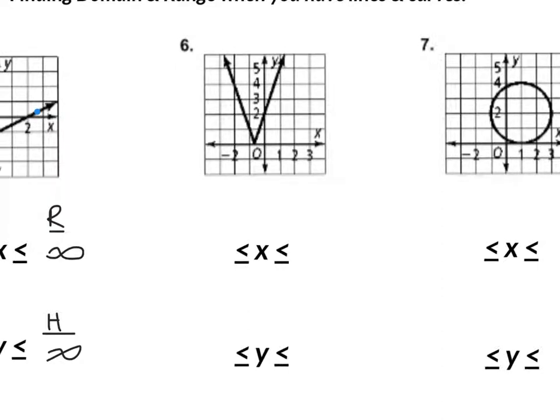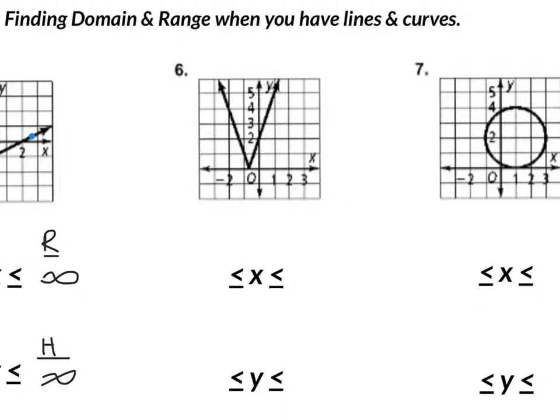Okay, so how far left does this thing go? Well, again, if I follow, here's this line, in this case this side of the V. If I follow it, that arrow means keeps going, keeps going. What number is this way out here? That happens to be negative infinity.